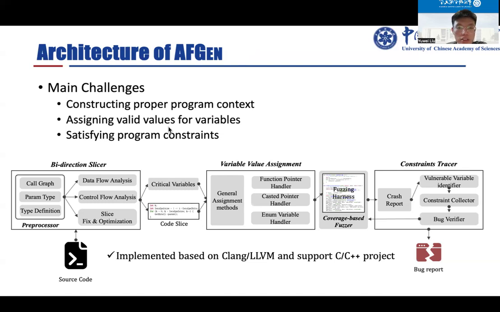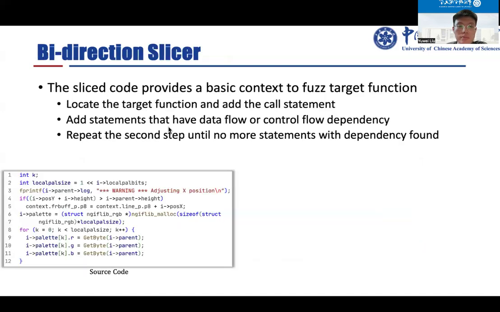The bidirectional slicer slices the usage code as a context. The variable value assignment assigns the uninitialized variables according to their type. And the constraints tracer traces the constraints according to a crash report and adds the constraints to a fuzzing harness to filter the false positives.